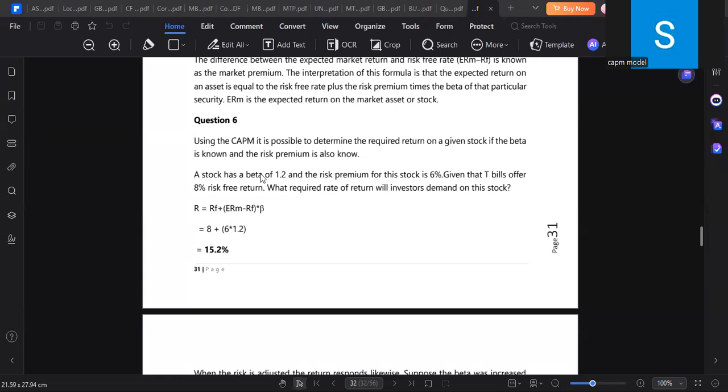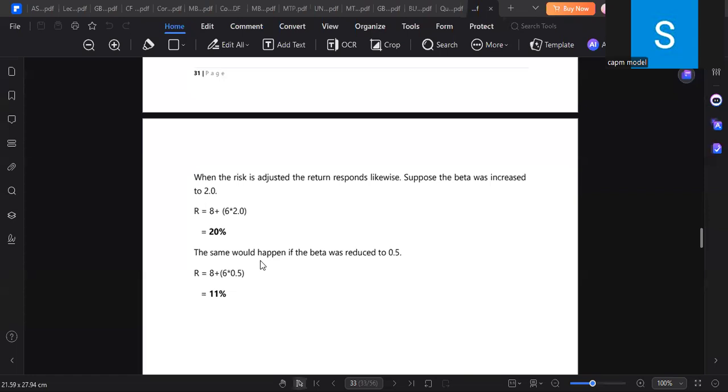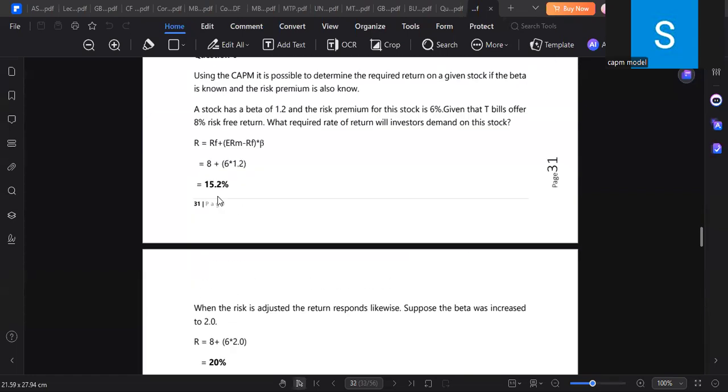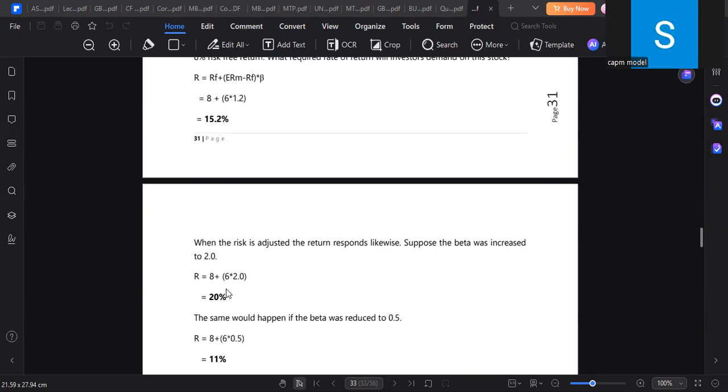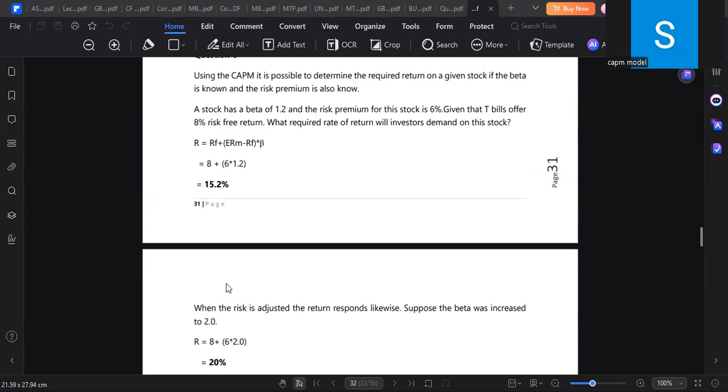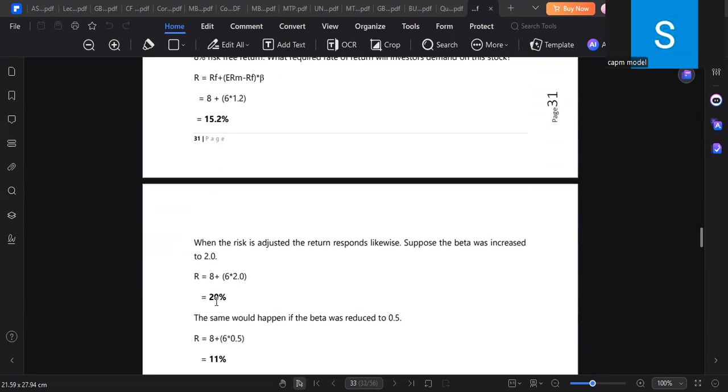I don't want you to get lost at that point. All right? So when we adjust the return and maybe beta is increased to 2.0, what happens? We just multiply the 6 by 2.0, we have 20%. What about when beta reduces to 0.5, what happens? Our return is at 11%. So are you seeing what's happening? When we increase beta, our expected return is increasing.